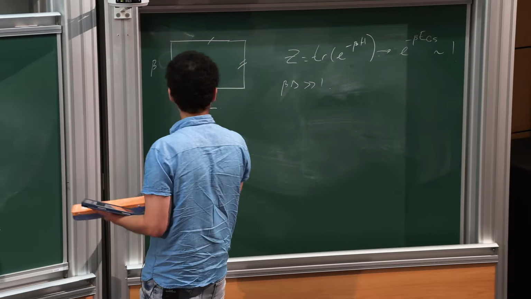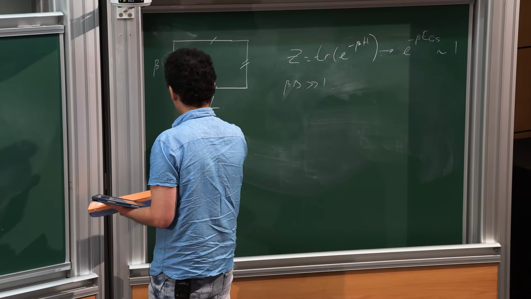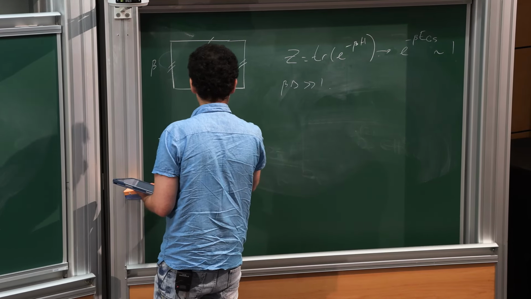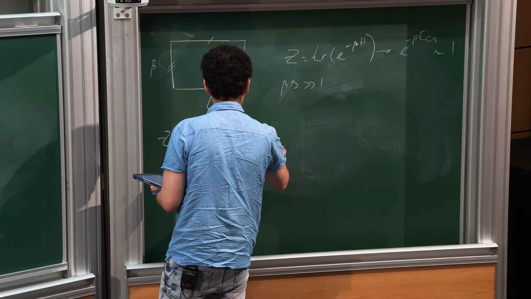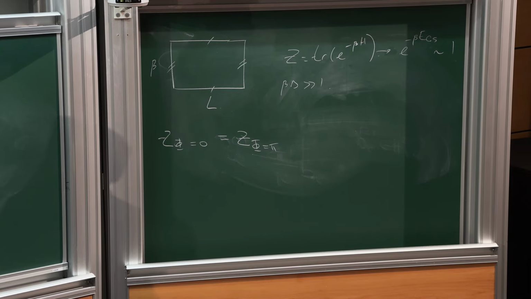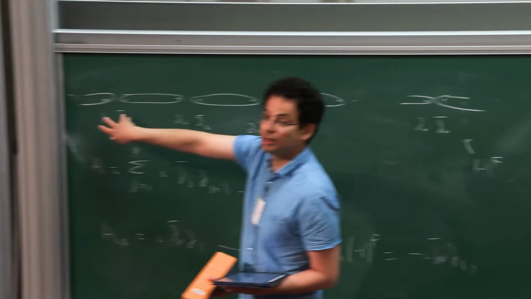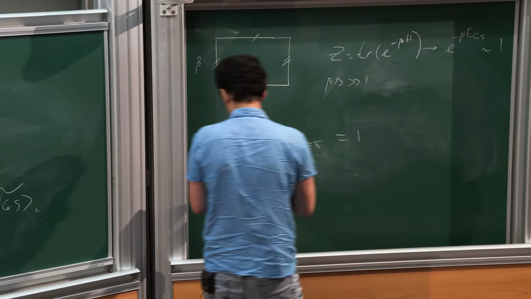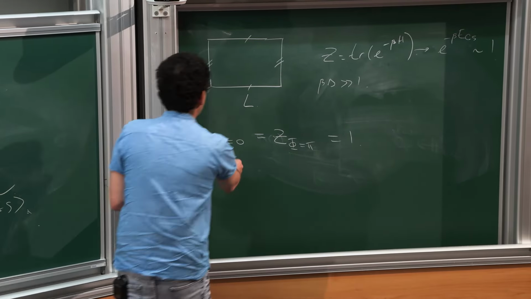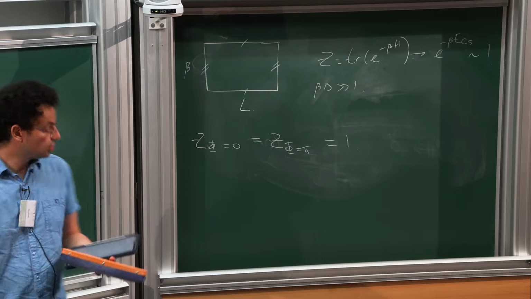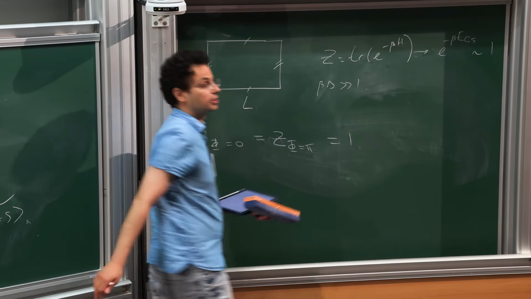So if I just calculate this partition function, either for untwisted boundary condition or for twisted boundary condition, there is a unique ground state, so this partition function will be equal to 1. I can also consider, instead of the usual partition function, inserting -1 to the fermion parity into this trace.